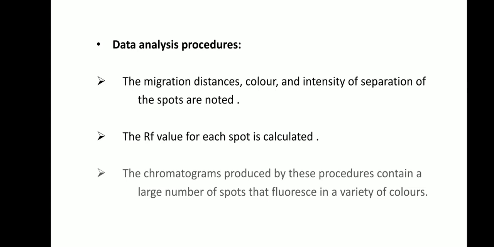Data analysis procedure. The migration distances, color, and intensity of separation of the spots are noted. The RF value for each spot is calculated. The chromatograms produced by these procedures contain a large number of spots that fluoresce in a variety of colors.